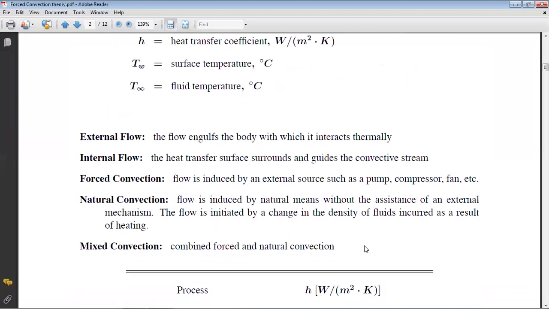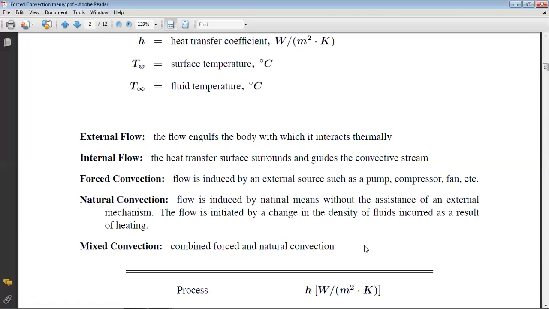As we discussed, the flow could be external flow, wherein the flow engulfs the body with which it interacts thermally. In case of internal flow, the heat surface surrounds and guides the convective stream. In forced convection, there will be an external source.